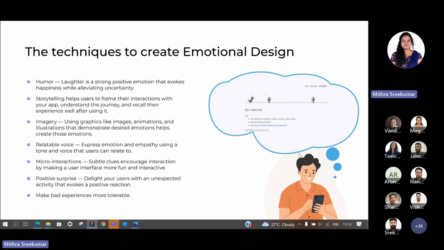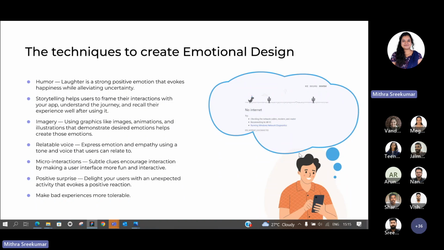And if the content is in a storytelling mode, that evokes positive emotions in the user, and this helps in creating a positive attachment to the application or website. Then we can also use imagery in line with the intention of the application, and a relatable voice, that is, the tone and voice of the copy inside the application, which creates certain emotions in people and helps them relate to how it works.